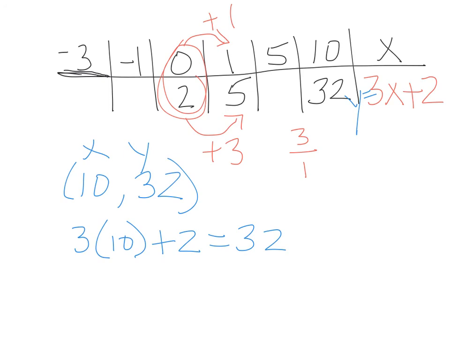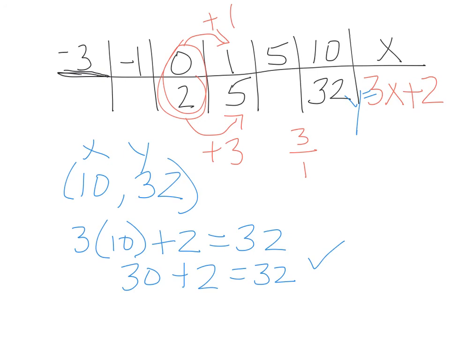So 3 times 10 is 30, plus 2 is indeed 32. So that point satisfies the rule, and that means that that point on a graph would lie on that line. Even if your graph doesn't go up that far, you already know, just by doing this math, that that point is going to be on the line if you were to zoom out.